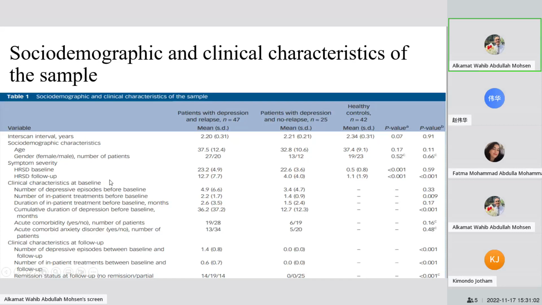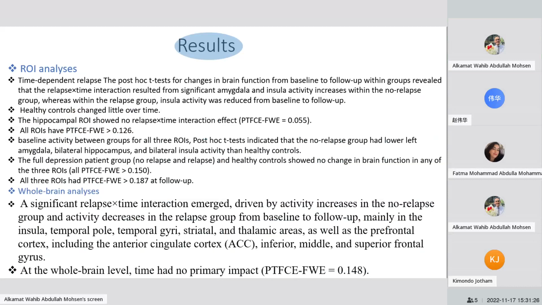So also patients with depression and relapse, and patients with depression and no relapse, by the mean and standard deviation. So here also the healthy controls.